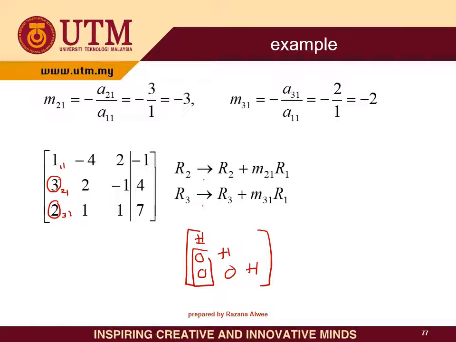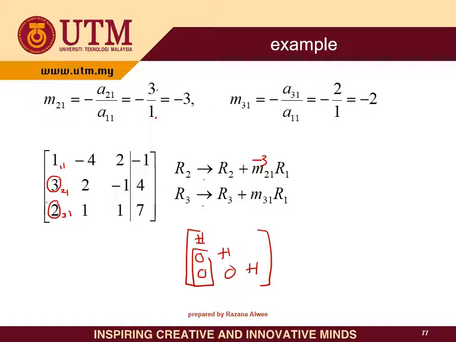For m21, the equation is negative a21 divided by a11. So a21 is 3 and a11 is 1, so when divided it's 3, and with the negative it is negative 3.